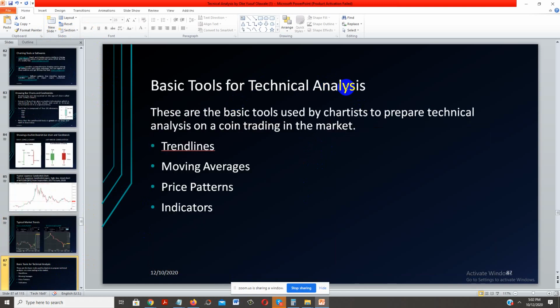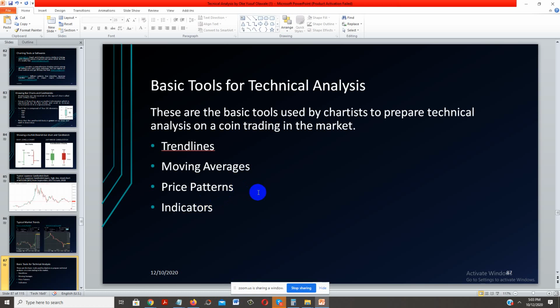Now, basic tools for analysis. These are the basic tools used by chartists to prepare technical analysis on a coin trading in the market. We have trend lines, very, very important. Do you know how to use a trend line? No. Okay. With a moving average, depending on its setting, if the candles are below it, that means it's a sell signal.